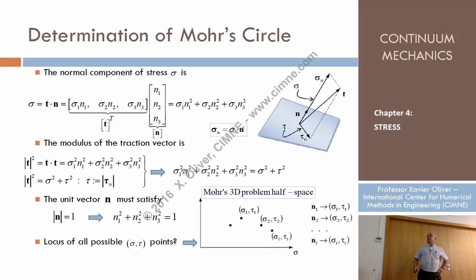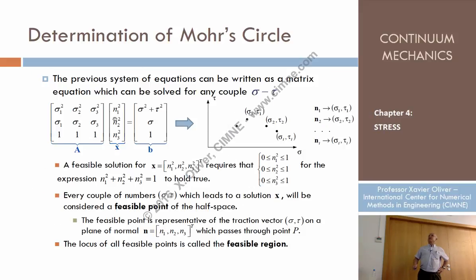The second equation that you obtain is that. And again, you see that it's something that multiplies n1 squared, n2 squared, and n3 squared, equal to sigma squared plus tau squared, and this can be placed in that equation here. And there is another equation that I could place here, which is, of course, that n are normal, normalized vectors, modulus 1, so n1 squared plus n2 squared plus n3 squared is equal to 1.